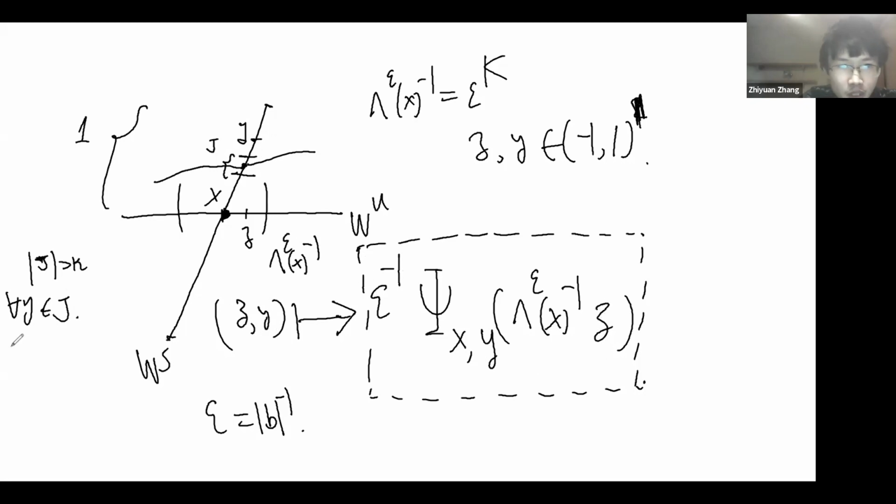Then the following holds for any w in this: there also exists an interval, maybe I write L, this is J1, also in -1 to 1. So J1 corresponds to an interval here.